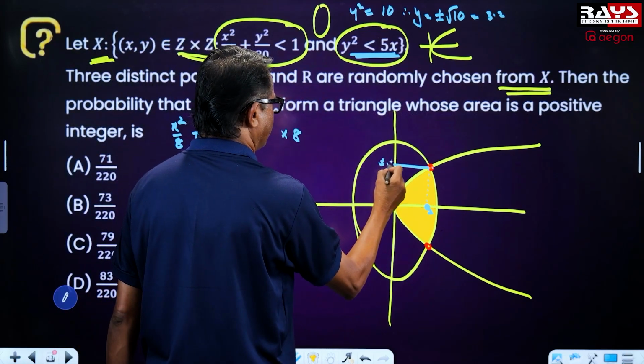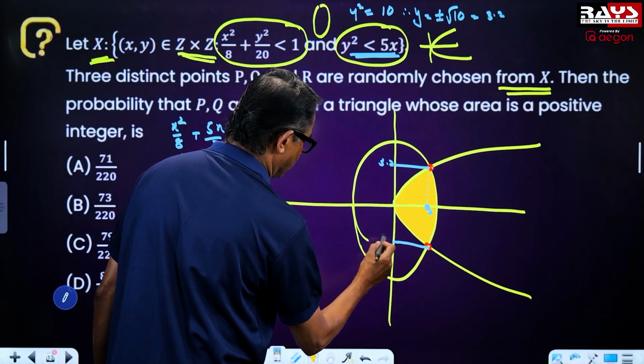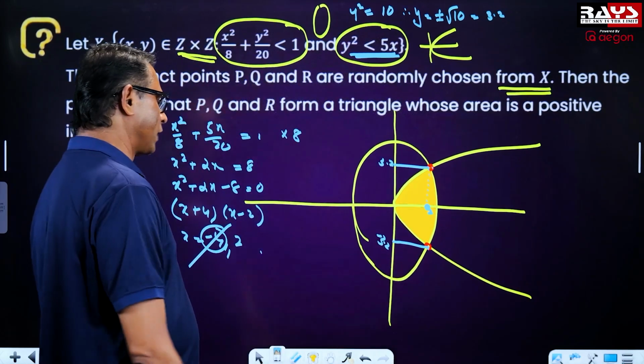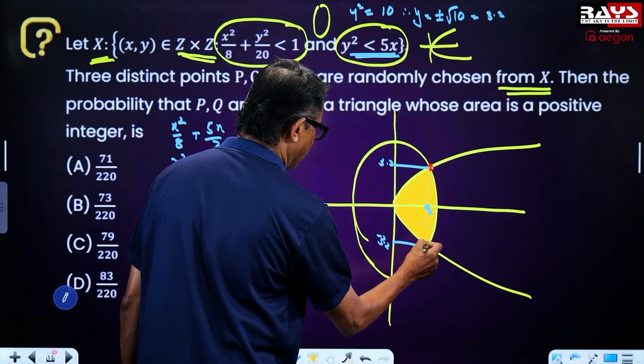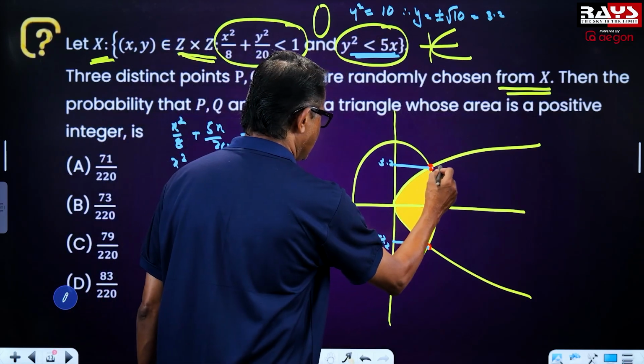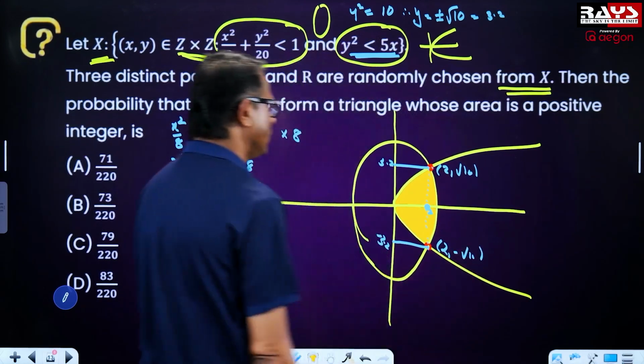Suppose approximately I am putting it as 3.2, and this will be minus 3.2. So this is actually 2 comma root 10 and this is 2 comma minus root 10.